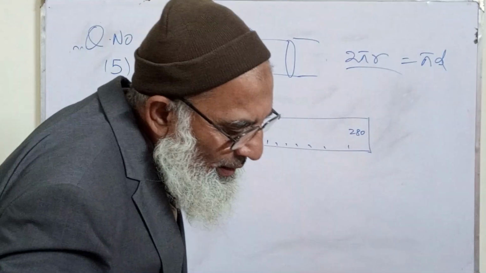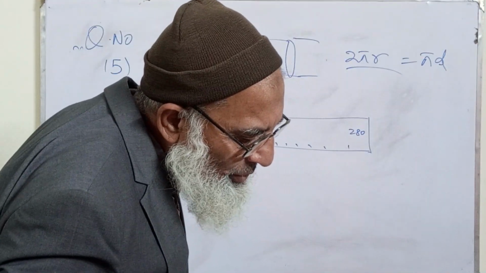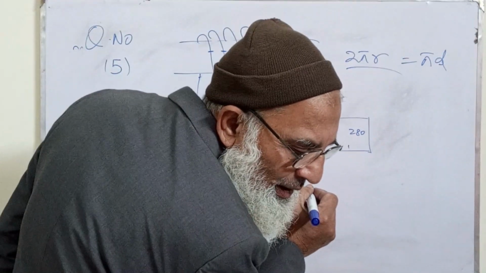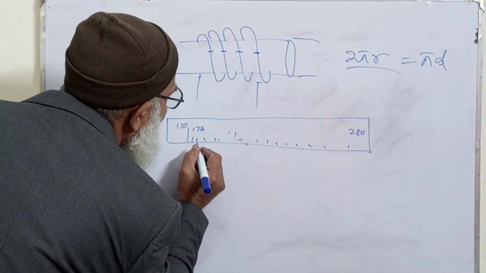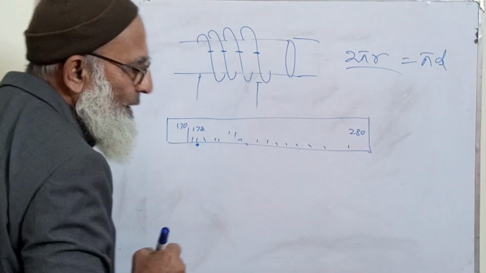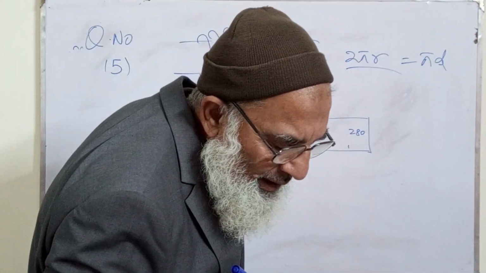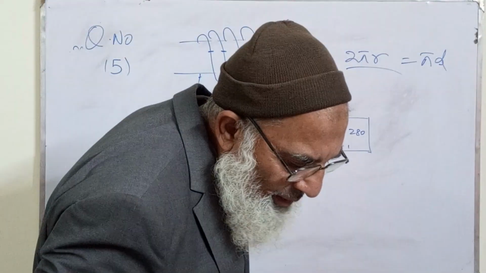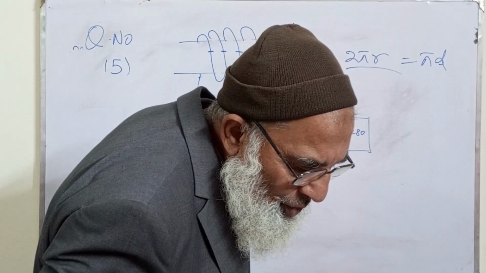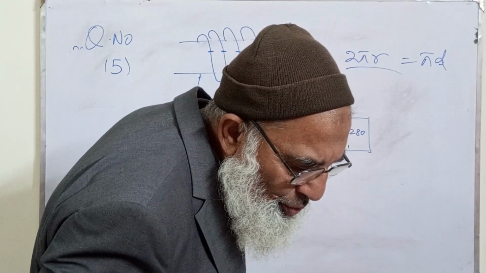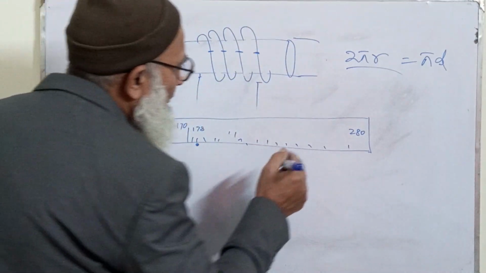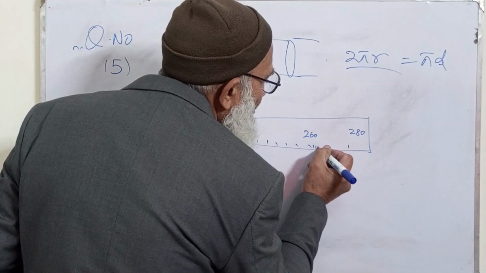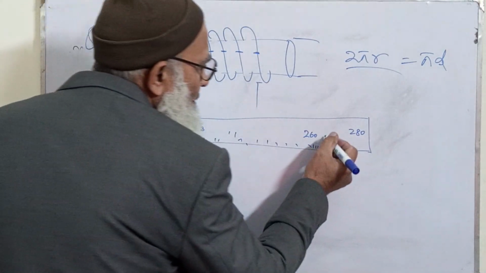Okay, and the first ink mark comes at 173, and the second ink mark comes at 262.5, something like that. This is 260 over here and some divisions over here. Okay, this is 270, 280.